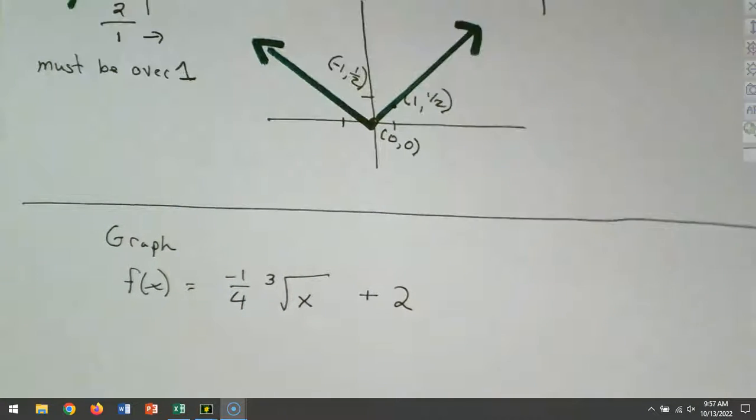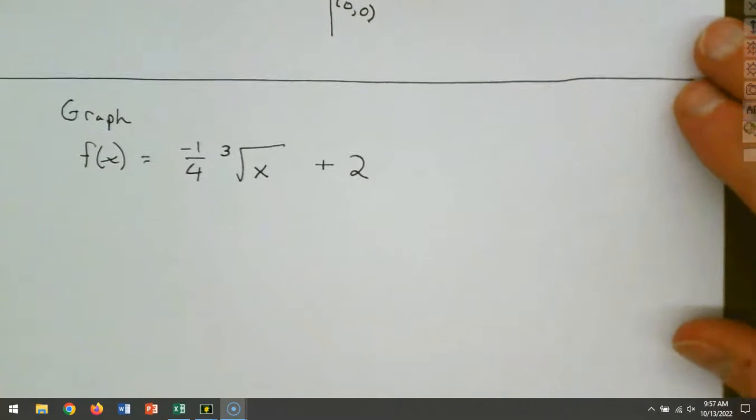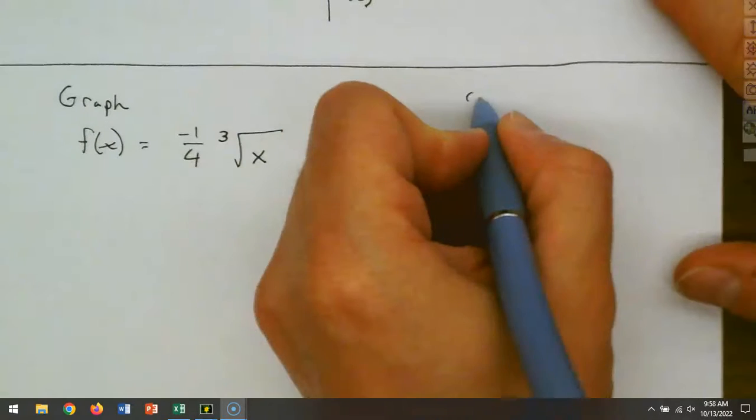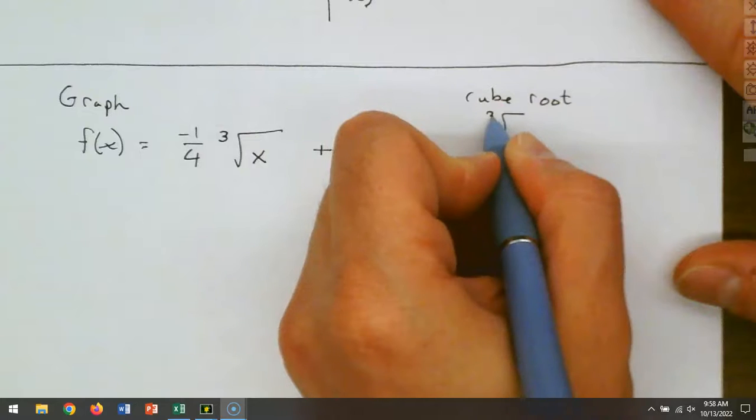Okay, so what are we going to look at? We're going to look at the operation involved first, and what operation is involved with that x. It's a cube root, right? We're looking at the cube root of x.